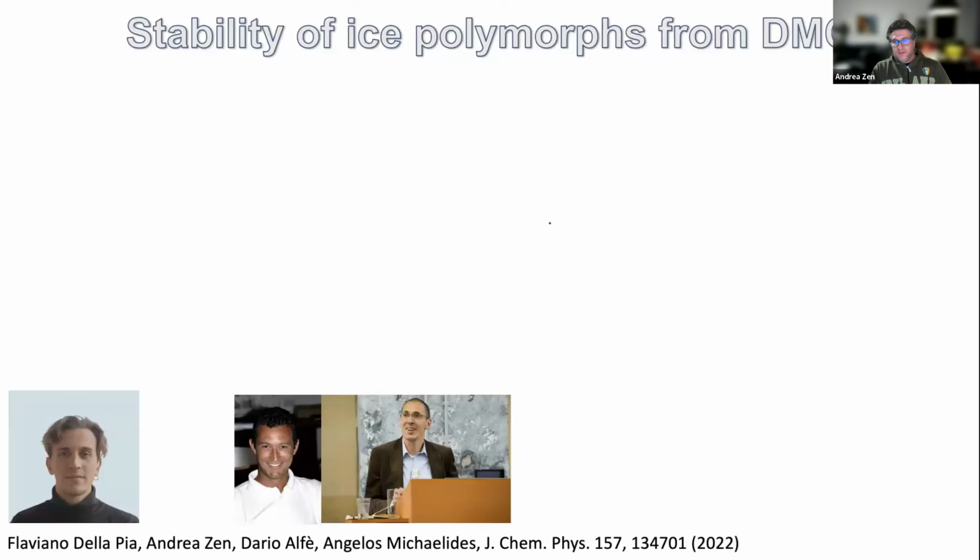And so we decided to do some investigation of the phase diagram of ice ourselves. In particular, most of the calculations here were made by Flaviano Della Pia, who is a PhD student in Cambridge, which I'm co-supervising together with Dario Alfè and Angelos Michaelides.